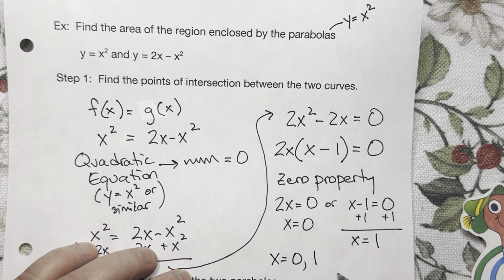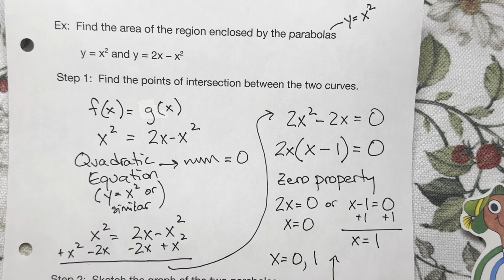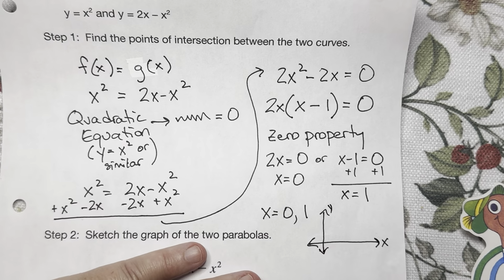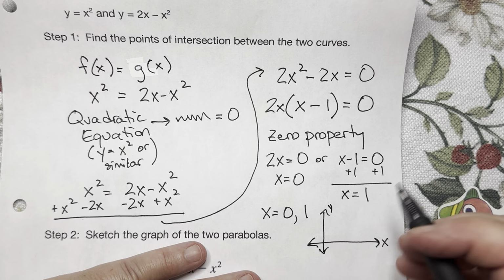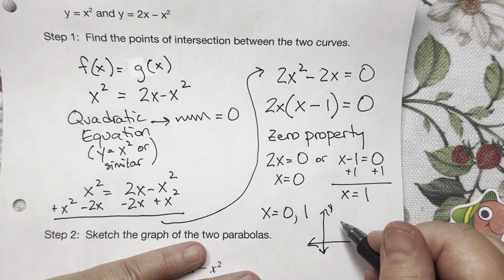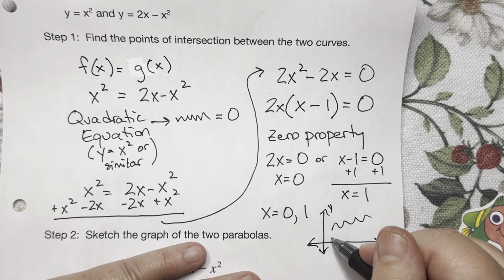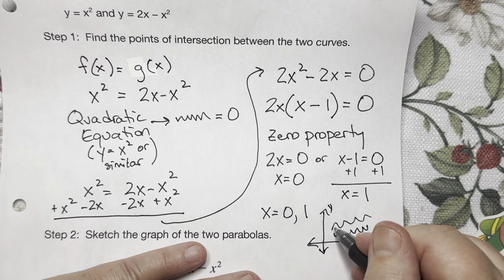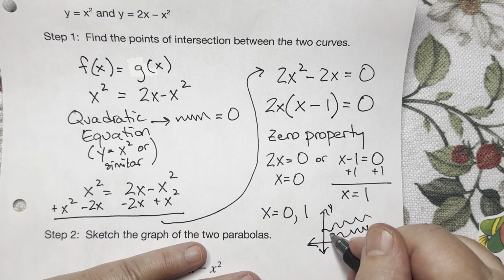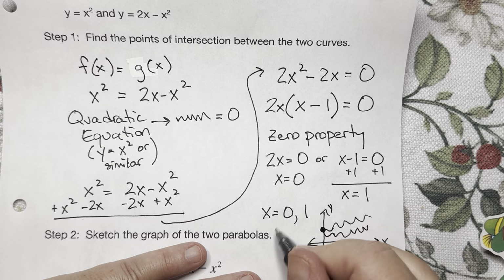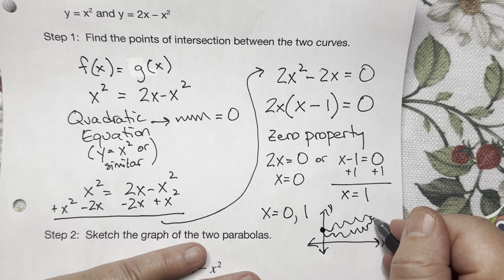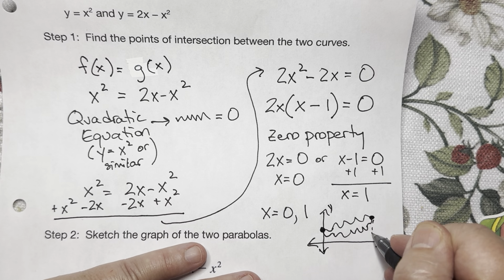What that means is whatever's going on with our equation, which I'm not showing you the graph yet, but I want to scooch this up so you can see the graph. They intersect at x equals 0 and at x equals 1.